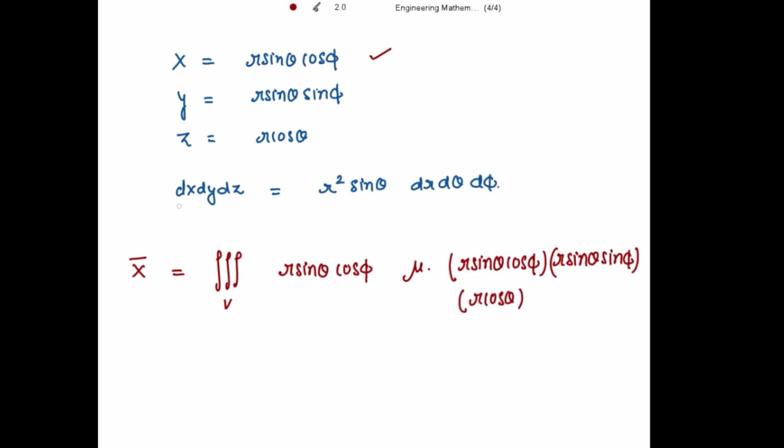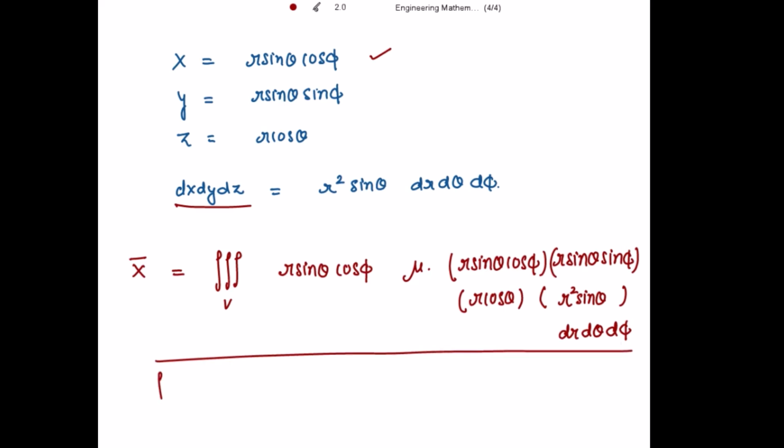And then for dx dy dz we write r square sine theta dr d theta d phi. All these are multiplied together, divided by the volume integral of rho dx dy dz, again mu into x y z.